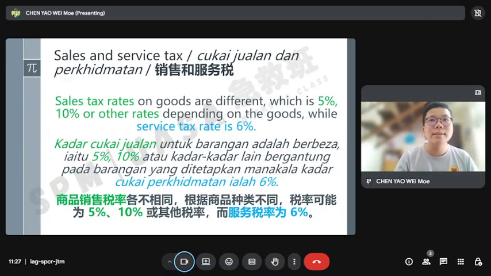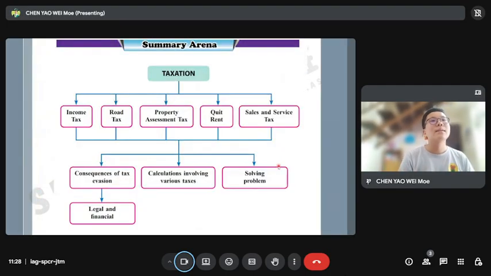The marks given in the chapter are sometimes higher, sometimes not quite higher. So I prefer you focus on this chapter to answer questions compared to other chapters.